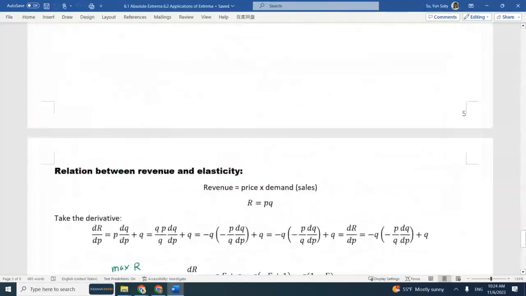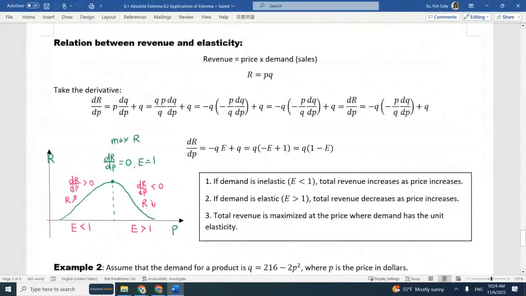So, the relation between revenue and elasticity. Revenue is price times demand. Does that make sense? Revenue is the money you earn, it's the price times demand, that's the sales, right?